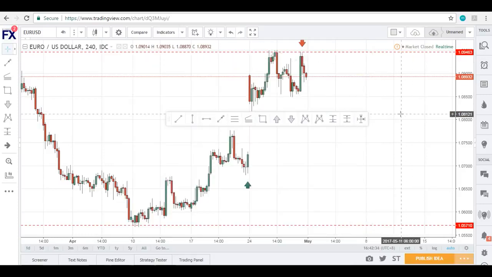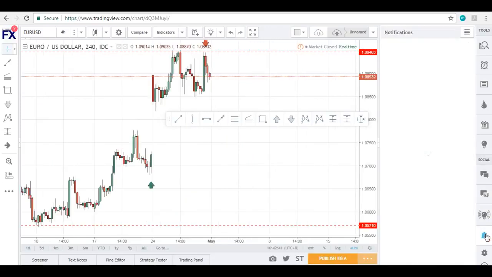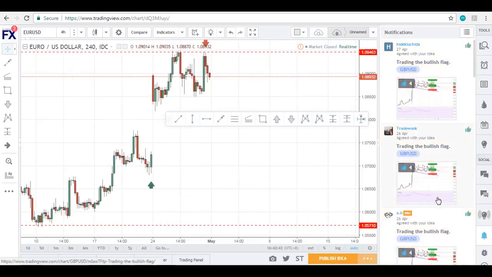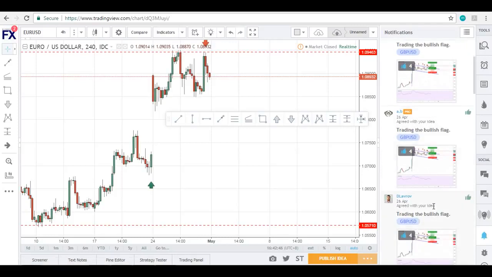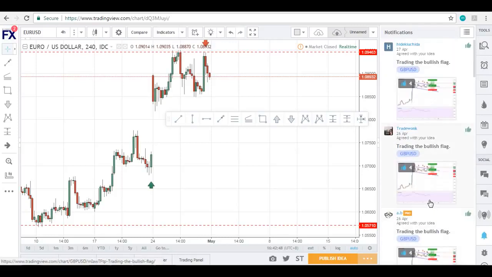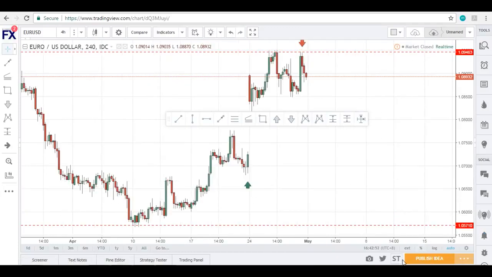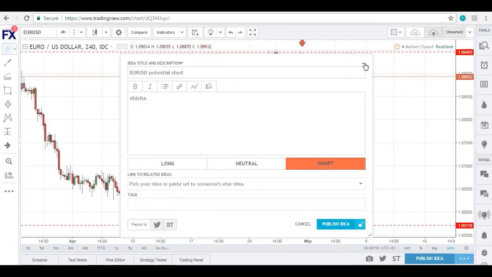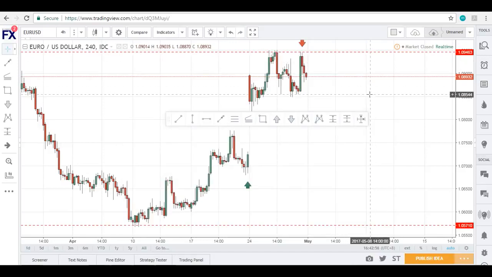So I think I've covered most of it. There's nothing much here besides the chat room right here, personal messages right here, your alerts and notifications. As you can see, these are some of our ideas that we've posted, and some of the traders here have liked it. So that's a good tool you can use to publish your ideas, to share it with other traders.